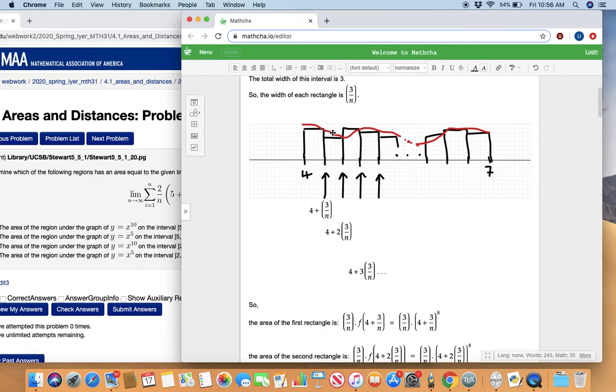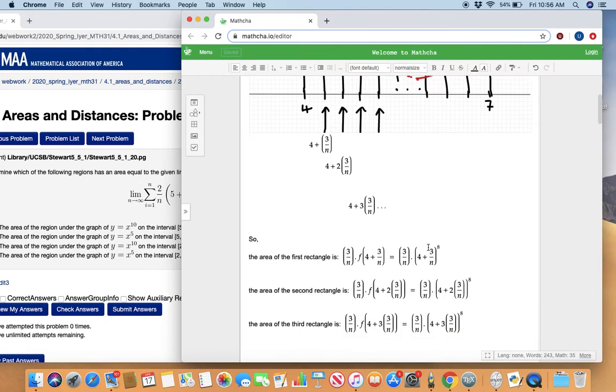This curve meets the right end point of this rectangle on the x-axis. For this rectangle again, the curve meets on the right. So this rectangle's height is determined by the right end point of your base.